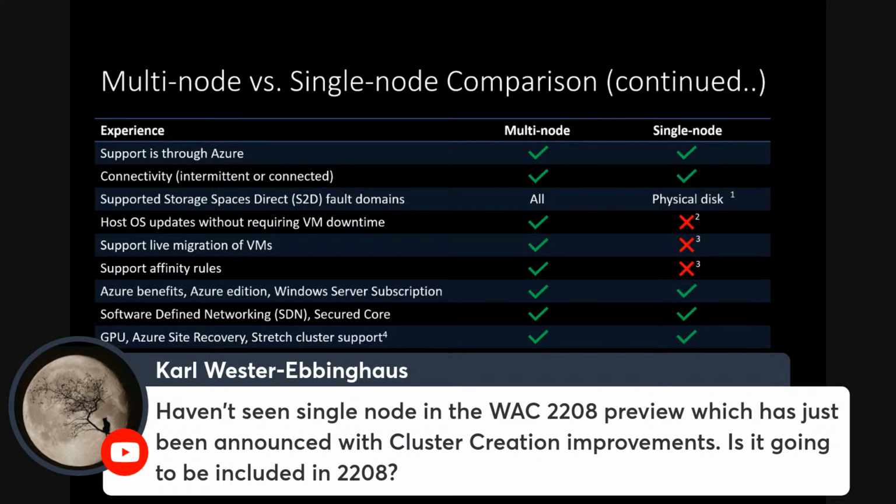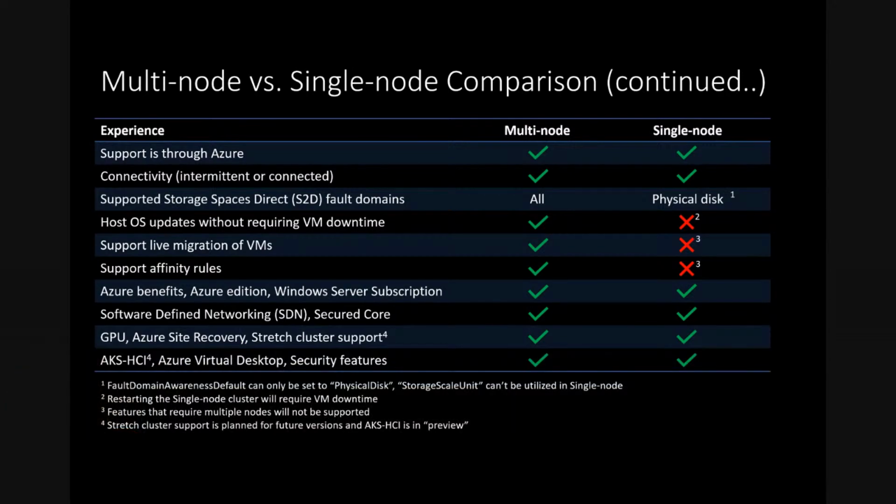That's why we didn't want to make any changes at this point, because all of those were coming in 22H2 anyway. So don't expect anything for deployment in WAC until HCI 22H2, the next version of HCI. But I'm going to talk about the deployment and installation through PowerShell, and it's very easy to do. Okay, thank you.